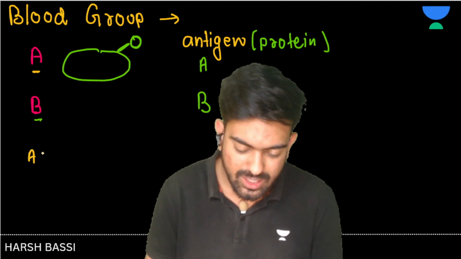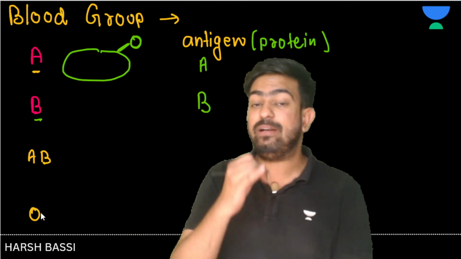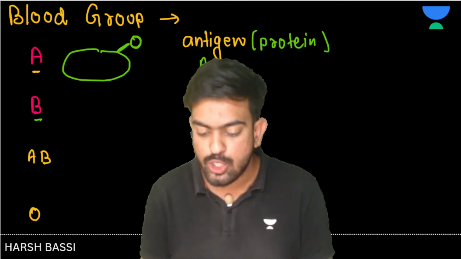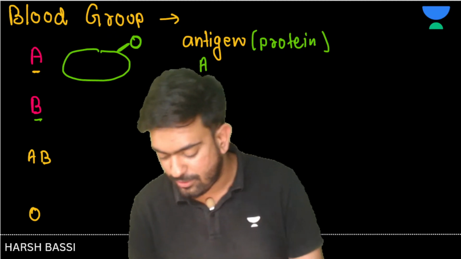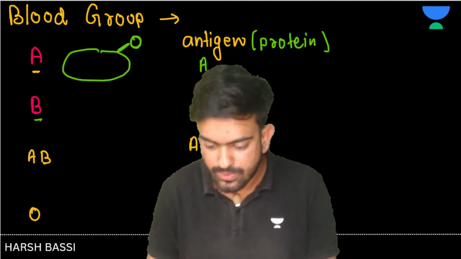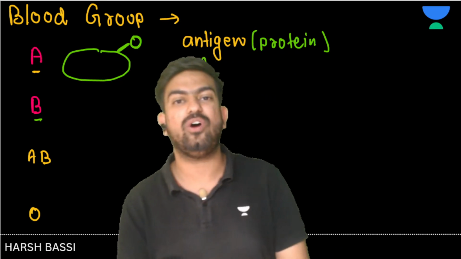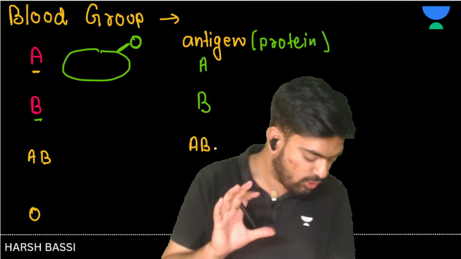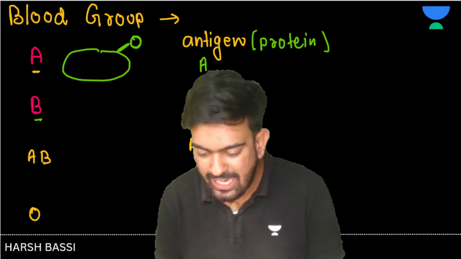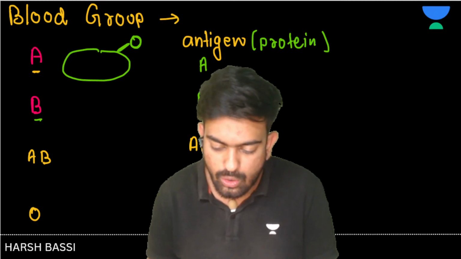A, B and O. Now if I talk about the blood group AB, the antigen name will be AB. If I talk about the O, O means nothing. वो copy किसी का नहीं है. So no name, that means no antigen.